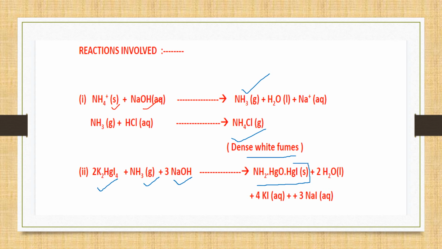This is a complex which is formed here, and this particular solid compound has that brown color which we observe to confirm that NH4 plus is present. Along with that, you will get KI and NaI.